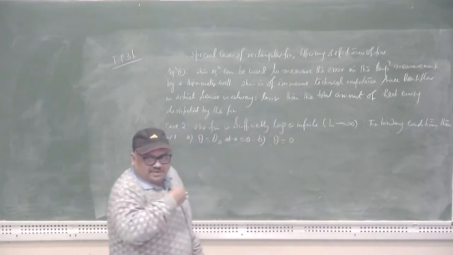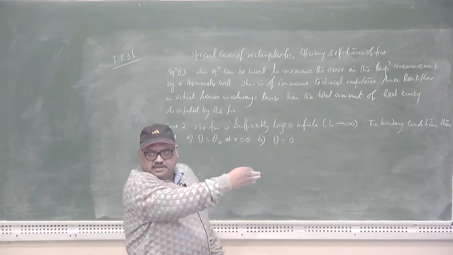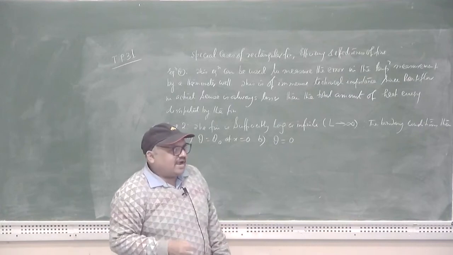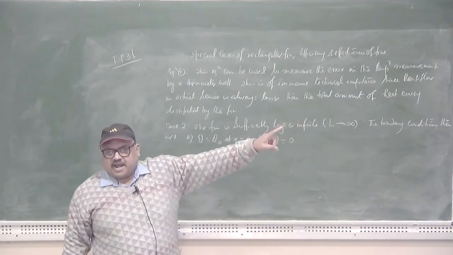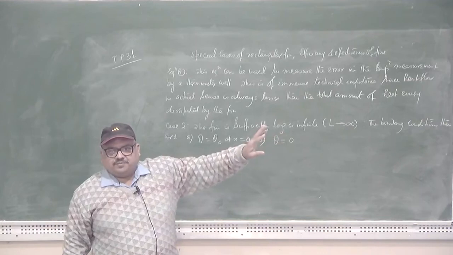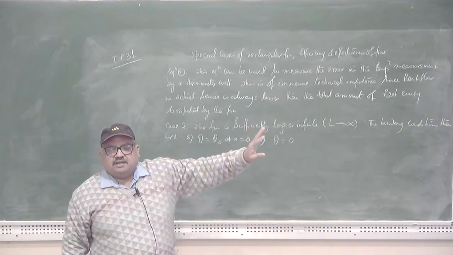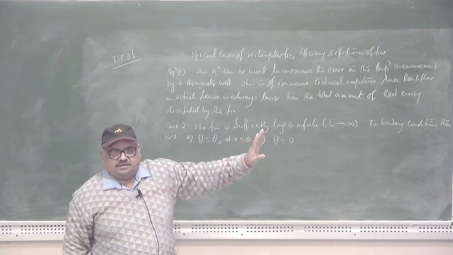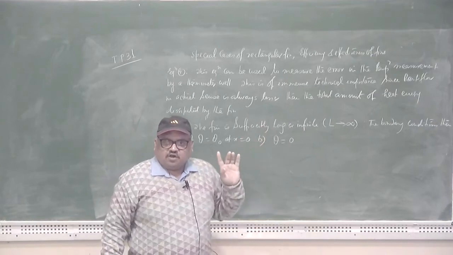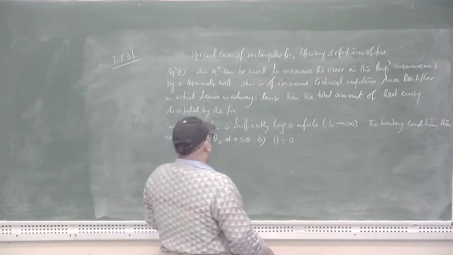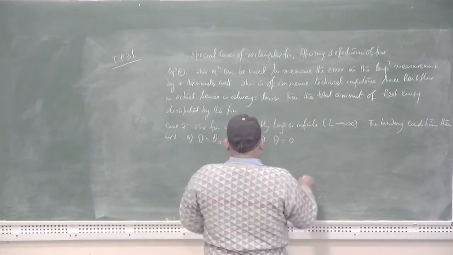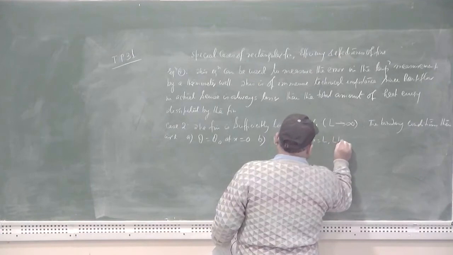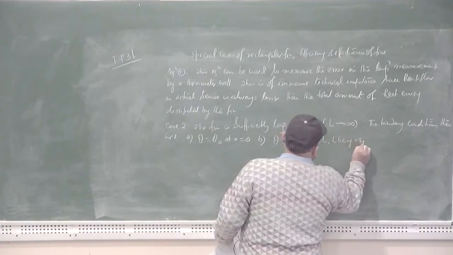That means if the length of the fin is very large, it can be said that at the extreme end, that is at the infinite end of the fin, there is no temperature difference between the temperature of the fin and the temperature of the ambient air. So, T minus T A is almost equal to 0 at x equal to L, L being very large.